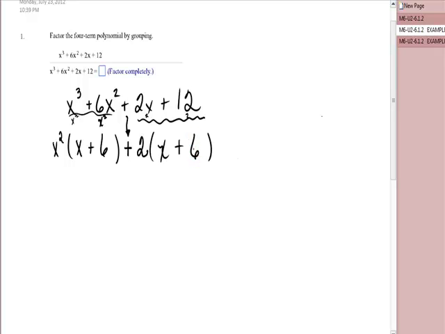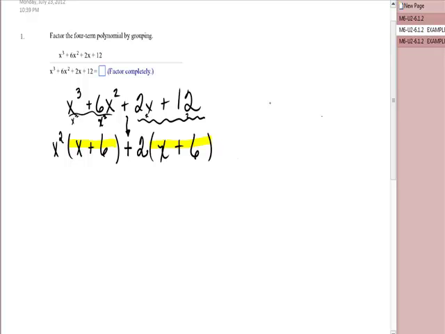You're going to find that the problems in this lesson are rigged to be factorable by this technique, which means that when you break it into 2 groups, you identify the common factor in the first group, take it out, common factor in the second group, take it out, you're going to be left with what's called a common binomial factor.